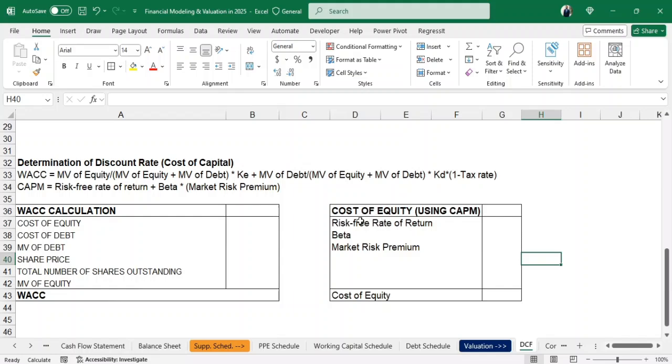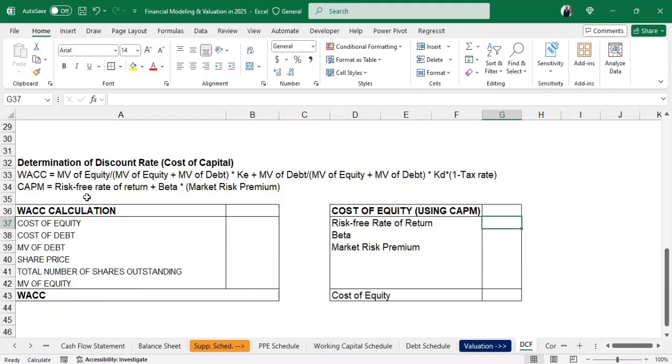Now all of these variables within a CAPM formula can be found online. The risk-free rate of return, we can actually find from the US Treasury Department. Now, let me explain the CAPM formula. We are saying that this is measuring our cost of equity. Equity carries risk. When you buy equity in a particular business, it comes with risk.